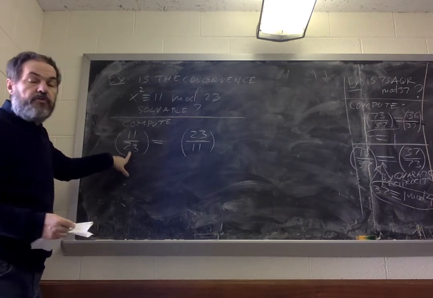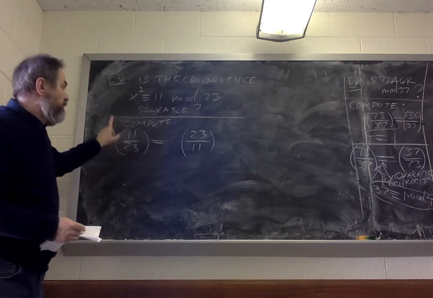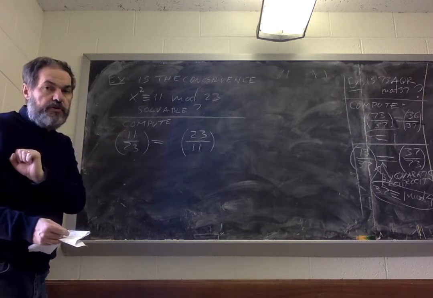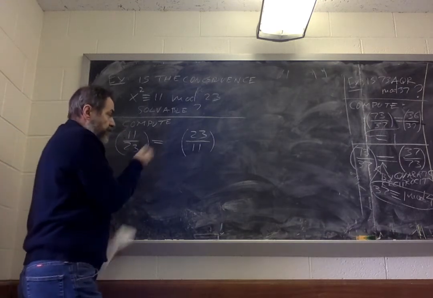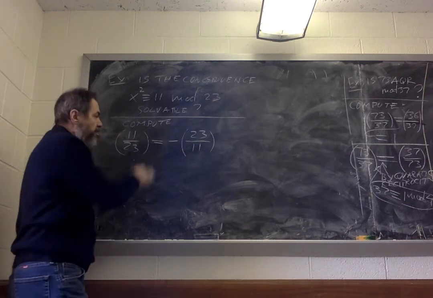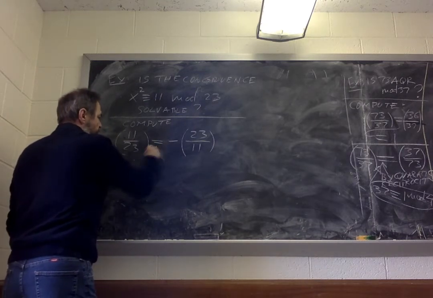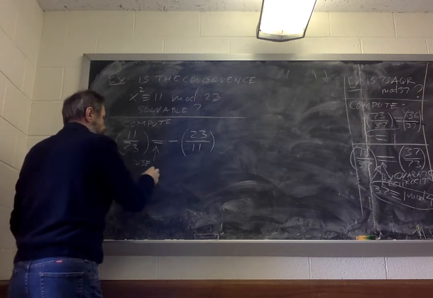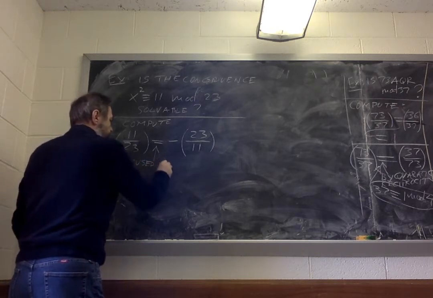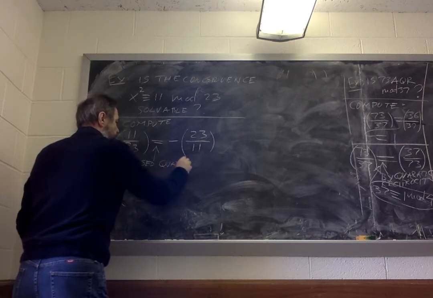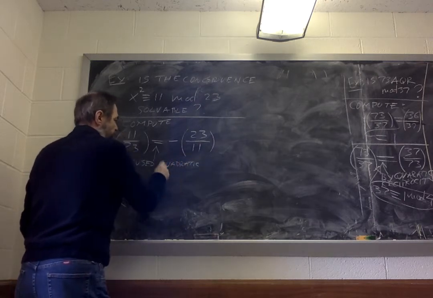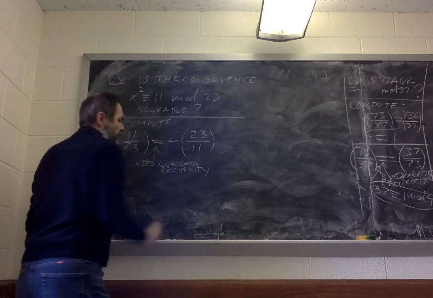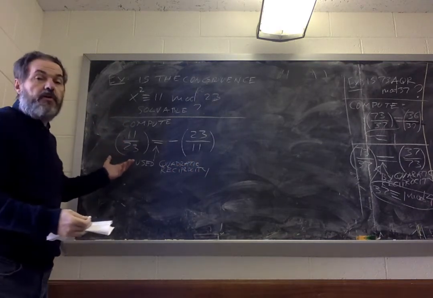Now 23 is congruent to 3 mod 4. 11 is congruent to 3 mod 4. So we are in a situation where both of them are congruent to 3 mod 4. So then I have a minus in front. And I give a quick explanation here. We used quadratic reciprocity in combination with the fact that both numbers are congruent to 3 mod 4.